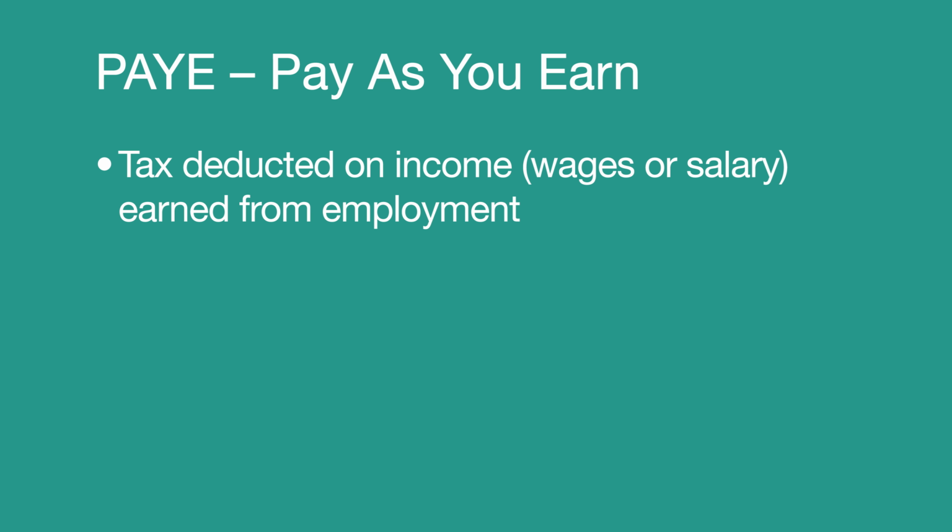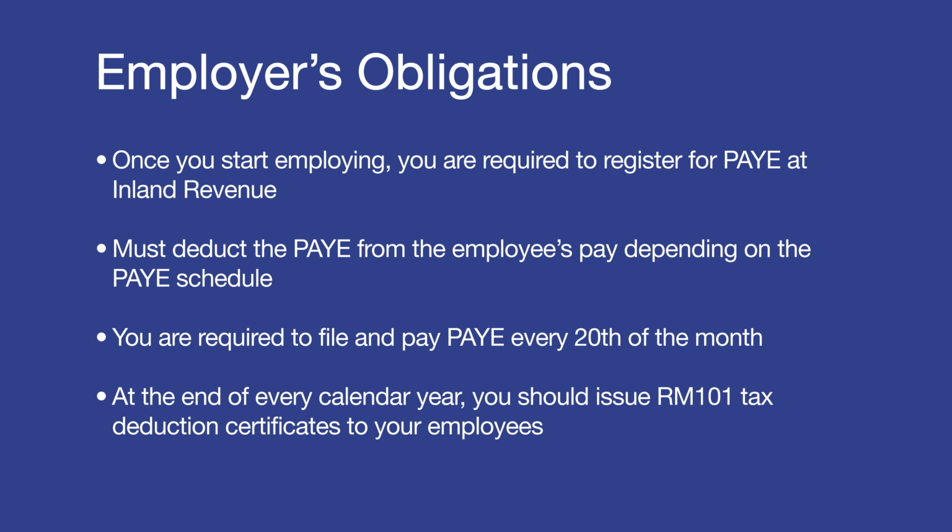The third type of tax is pay as you earn, or PAYE. This is a tax deducted on income, wages, or salary earned from employment. As a sole trader, once you begin employing people, you are considered an employer. As an employer, you must register for PAYE with Inland Revenue.